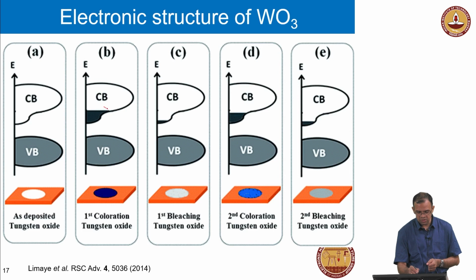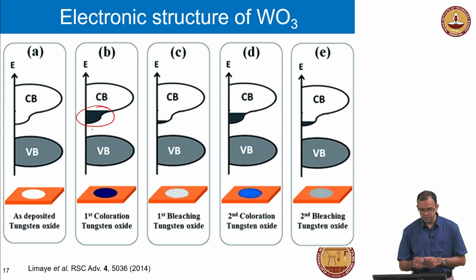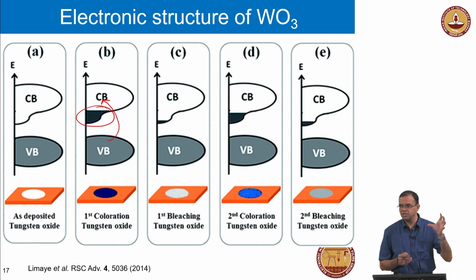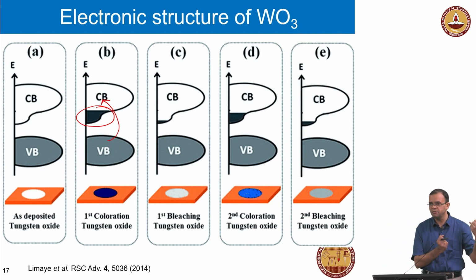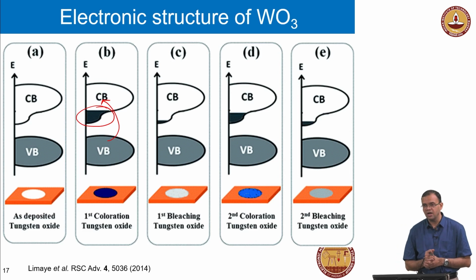These electrons occupy the conduction band, and they prevent this transition, which means the transition now has to happen to a higher energy state. Higher energy usually means you are going towards the blue end of the spectrum, which is the reason why you have a blue color.